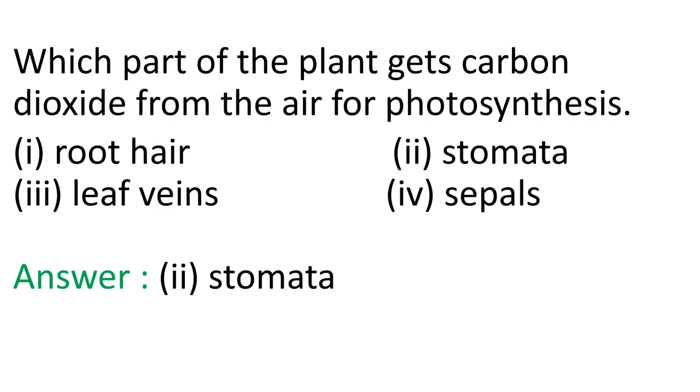Option 2. Stomata. Option 3. Leaf veins. Option 4. Sepals. Definitely, it's option 2. Stomata. These are the tiny pores present on the surface of leaves and are responsible for the gaseous exchange.